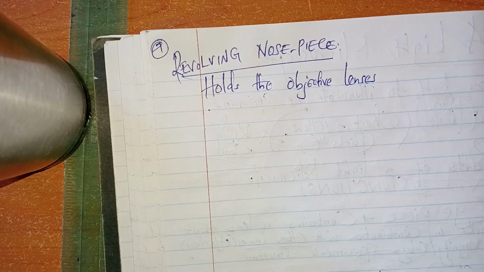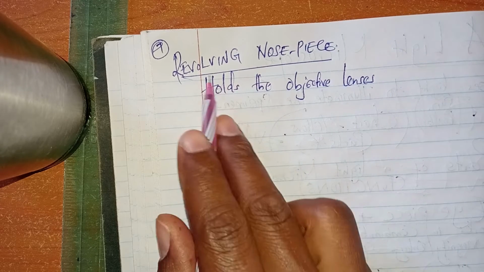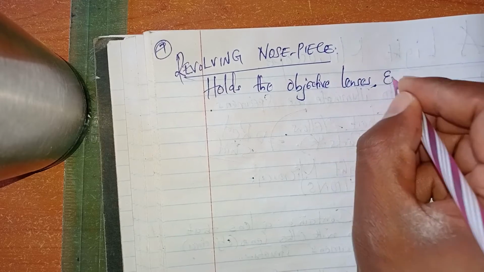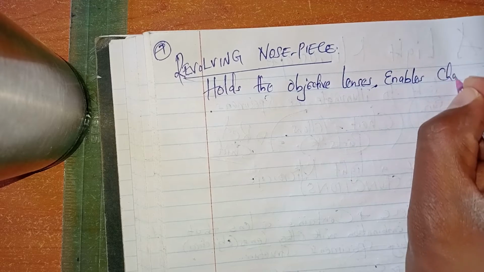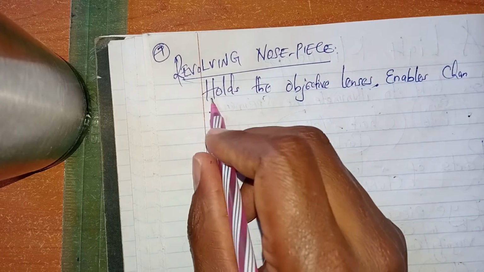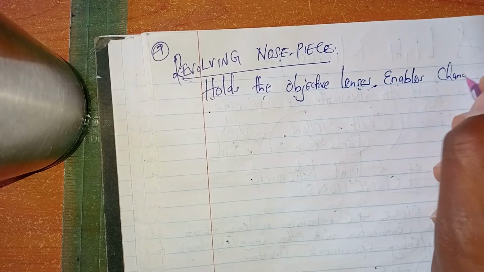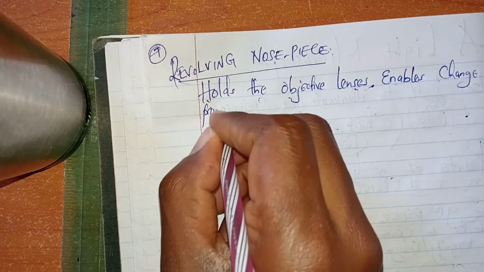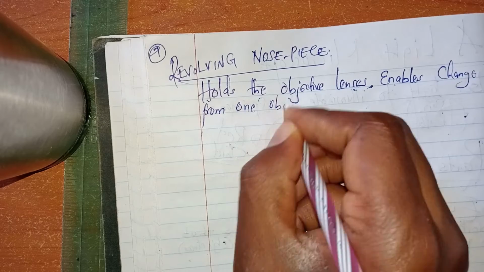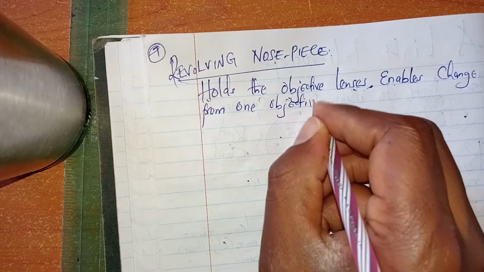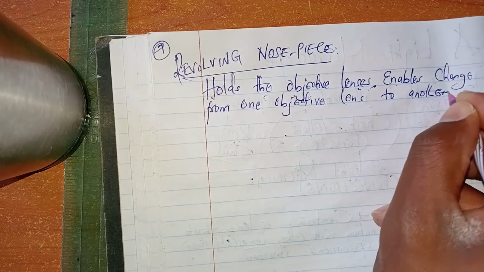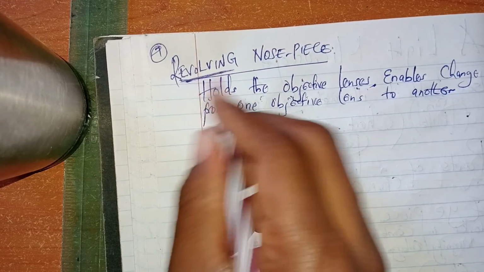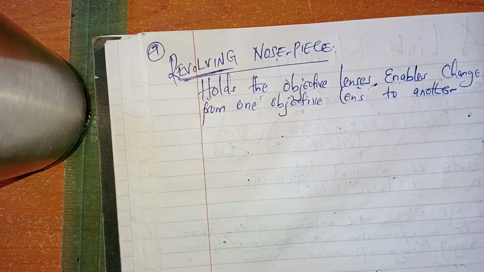Because it revolves, this revolving nose piece holds the objective lenses and enables change from one objective lens to another, and that's why we are saying it revolves. That means it enables one to change from one objective lens to another.